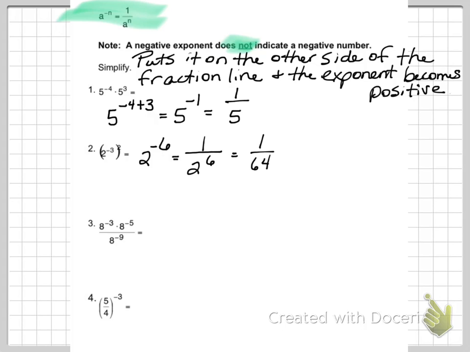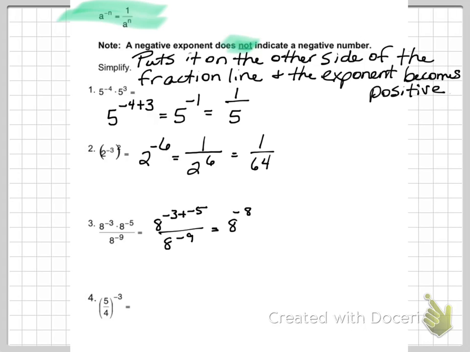Alright, now looking at number 3, we're going to multiply across the top, and we can divide at the bottom. So we can do this a couple different ways, and I want to show you both ways to do it. According to the laws of exponents, this would be 8 to the negative 3 plus negative 5 over 8 to the negative 9, which would be 8 to the negative 8.